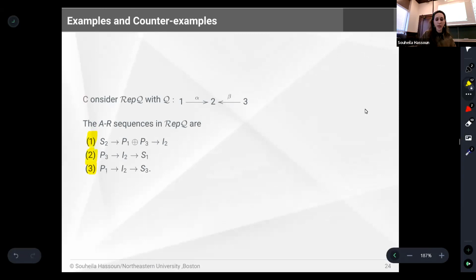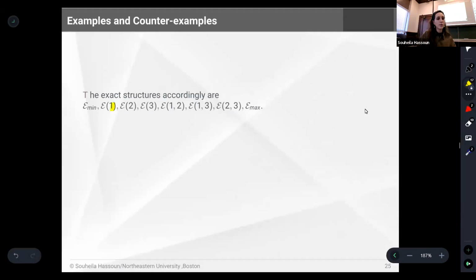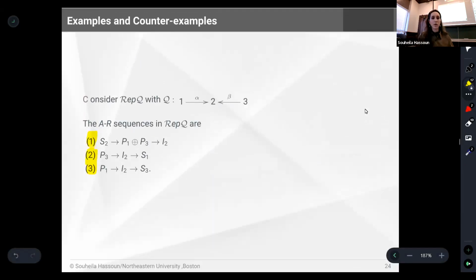So we can keep in mind, I call them 1, 2, 3. If we choose 1, it generates this exact structure. If we choose the 2, this one. If we choose a subset of 1, 2, it generates an exact structure. On the first slide, you have I, the injectives, P, the projectives, and S, the simples.